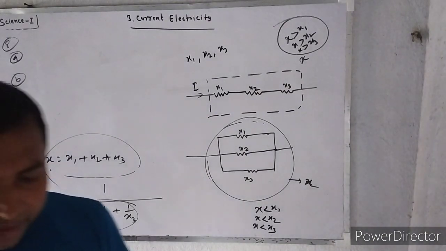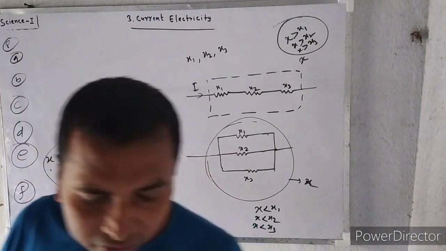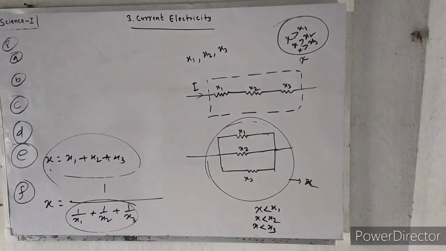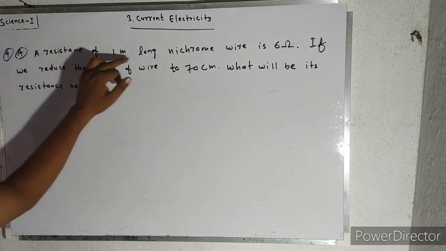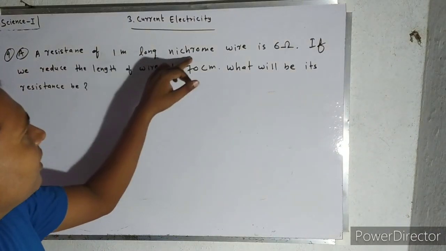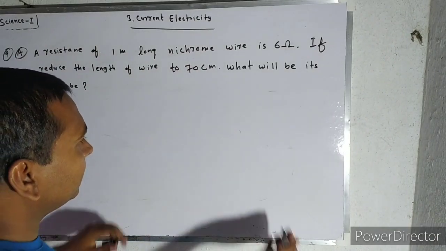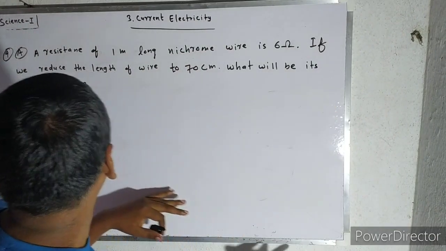Question number 9, A and B and C. Three questions are remaining. There are numericals, pretty small numericals. 9th A: the resistance of a 1 meter long nichrome wire is 6 ohm. This is a rough diagram.